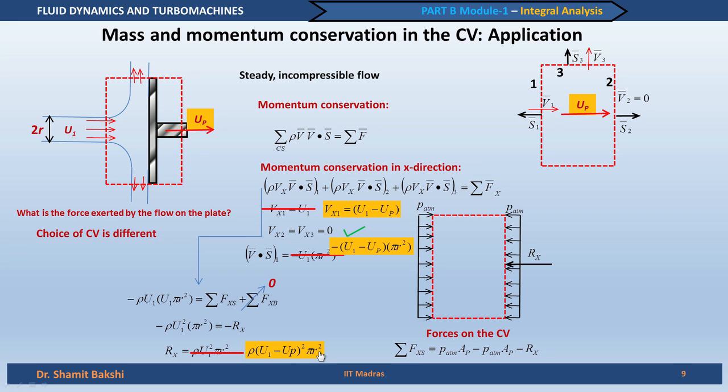We can easily see that as the value of u p increases, the force exerted by this jet on the plate will reduce. Finally, if u p becomes equal to u 1, then the force exerted by the flow on the plate will be 0. So, this can be demonstrated through this expression.